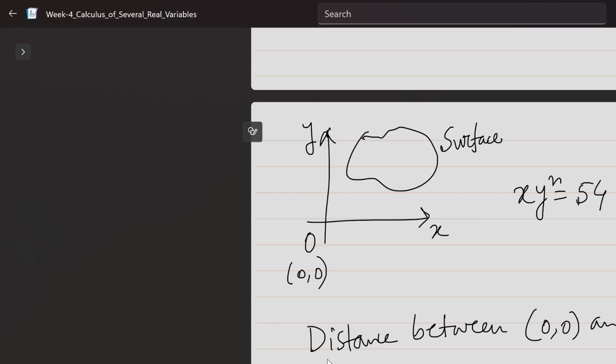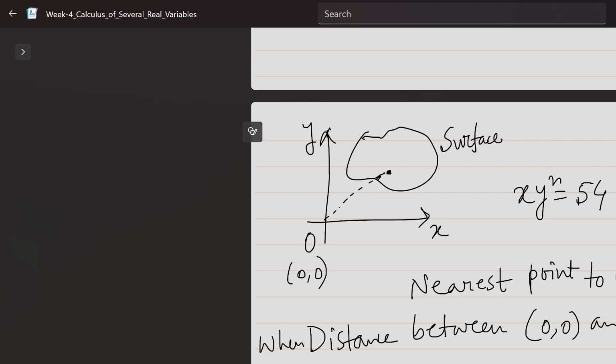Nearest point means nearest point to 0, 0. It is the same as when the distance between 0, 0 and the curve is minimum. So you have to find the distance when it is minimum.